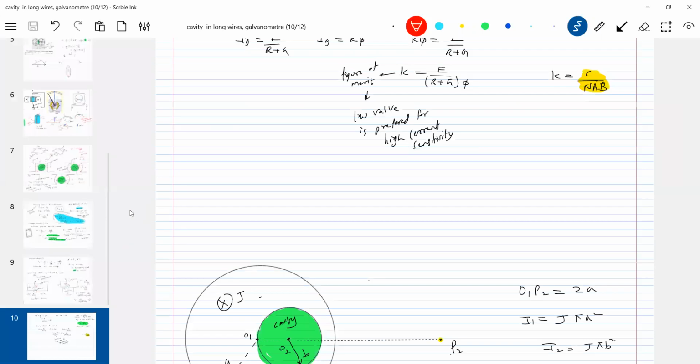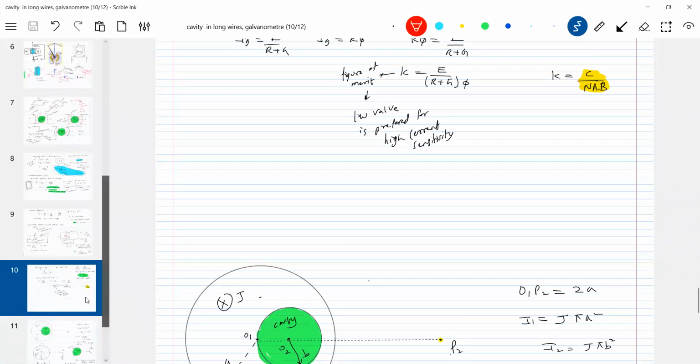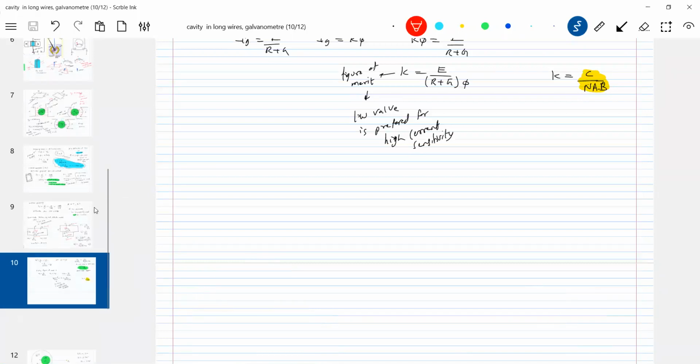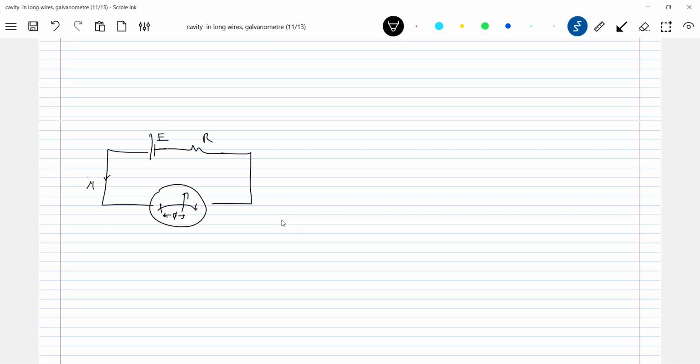I can do this experiment in several ways. I can also make changes in any way, no? The one simplified method I showed, can I make changes in it like this? So there's one circuit, a galvanometer showing some deflection, and there's a resistance R. Then can I bring a circuit of this kind?